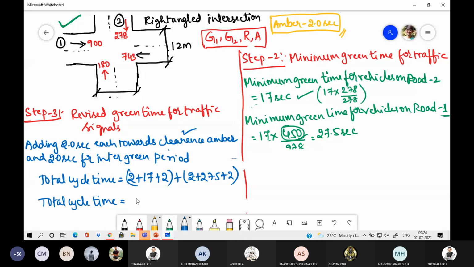Are we getting 52.5 seconds? Is it clear? This step is clear or not? Kindly respond. Yes, sir. Okay. Now we'll proceed for next step.